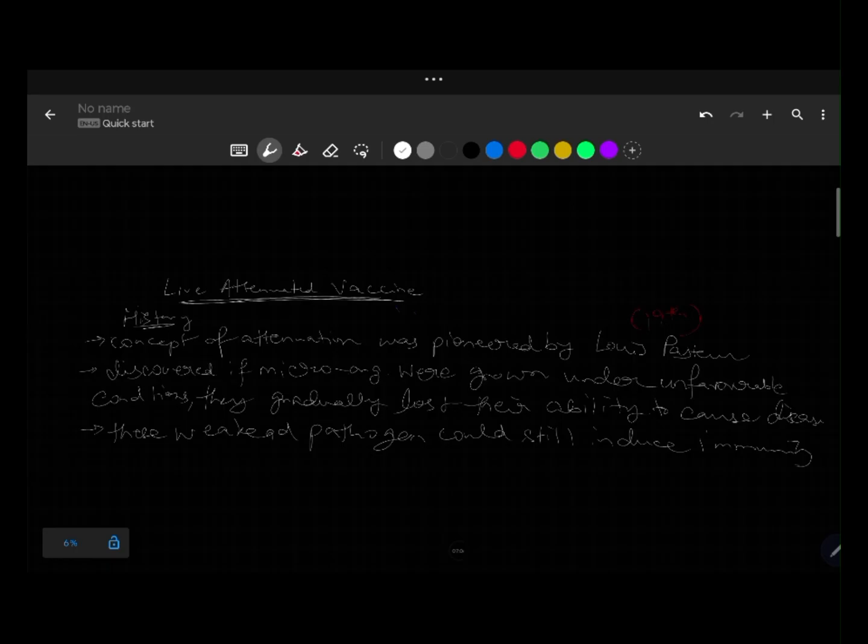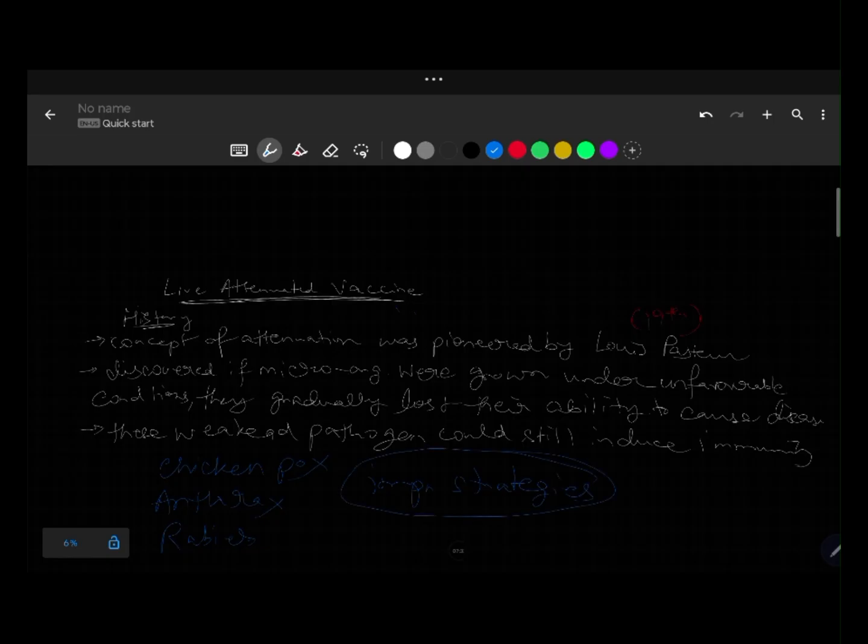His work led to the development of attenuated vaccines against chickenpox, anthrax, and rabies. Today, this attenuation is one of the most important strategies in vaccine development.